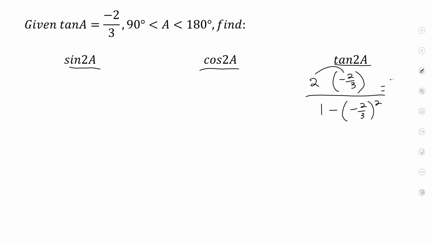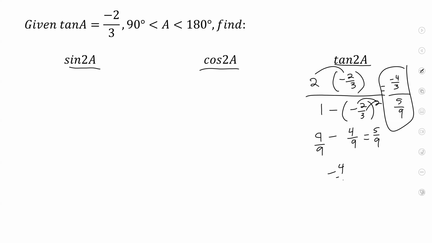This is 8/3. In the denominator, I get 1 minus 16 over 9 because I squared it. I'm going to turn this 1 into 9 over 9 so that the denominators are the same. Now you just flip the second one and multiply, and this can simplify. Is that what you got?